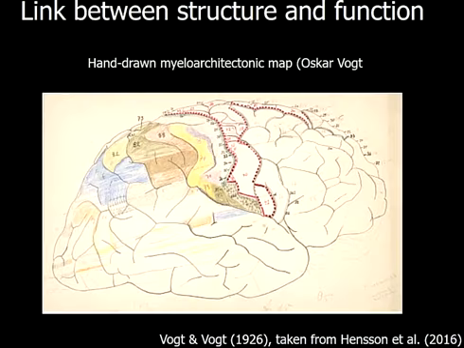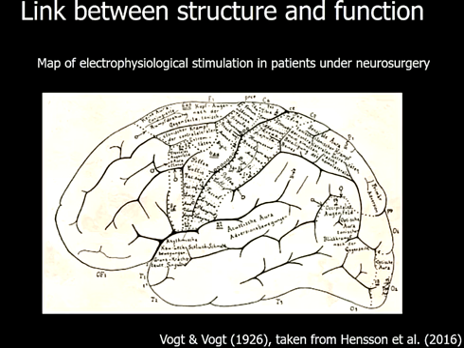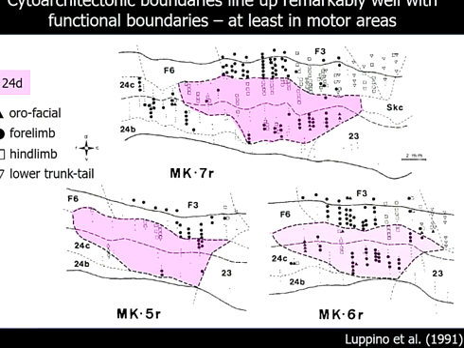So the first one was the map of myeloarchitecture that you can see here, and then what they did is they went through and painstakingly stimulated in these neurosurgical patients, and they made notes as to what happened when they stimulated in these areas, and then they looked for correspondence between them. And at least in some areas, they found really good correspondence between this myeloarchitecture structure and the functional boundaries, so the pink areas there.